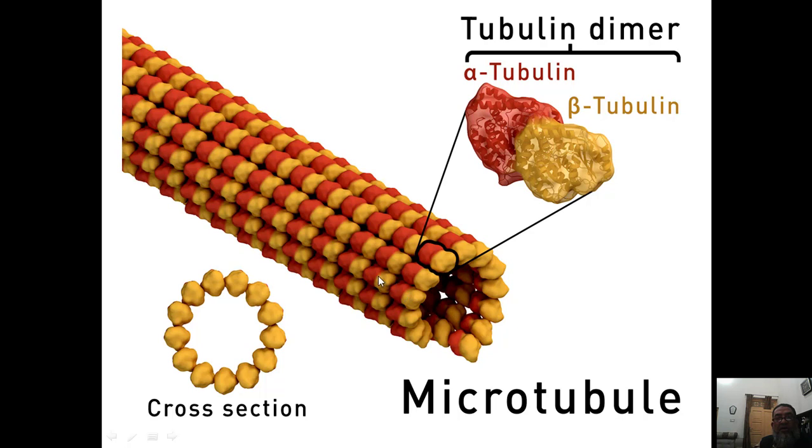When it elongates, this end will become the positive end, and ultimately the last end, the reddish alpha tubulin, will be the negative end. This will be the growing end. So this is the arrangement of a microtubule, alternating alpha and beta tubulin. This diagram is very good for explaining how the arrangement of alpha and beta tubulin occurs.